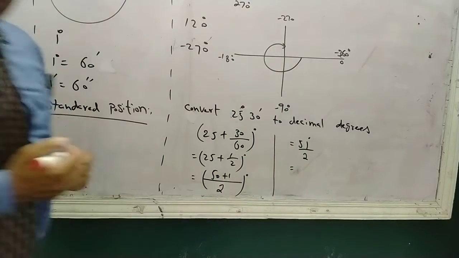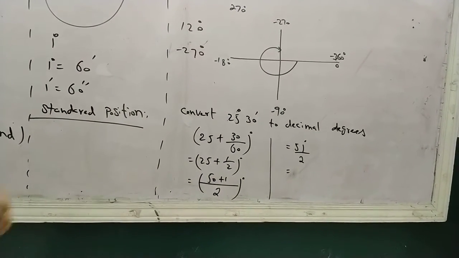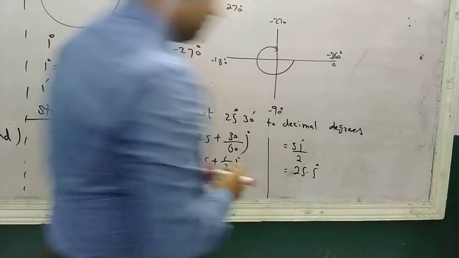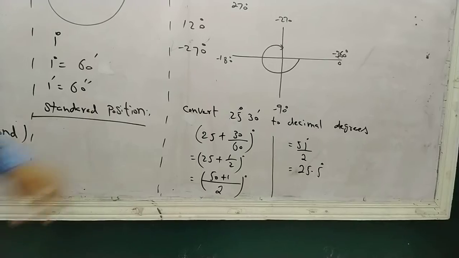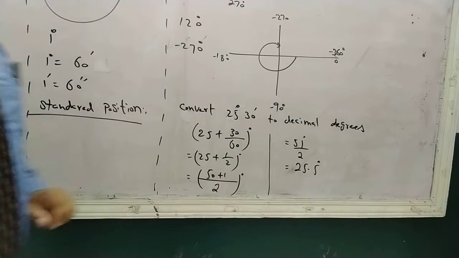If we divide 51 by 2, that is 25.5 degrees. So we changed the sexagesimal system to the degree system.